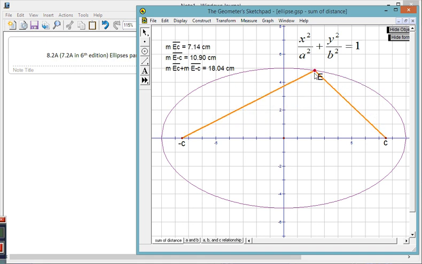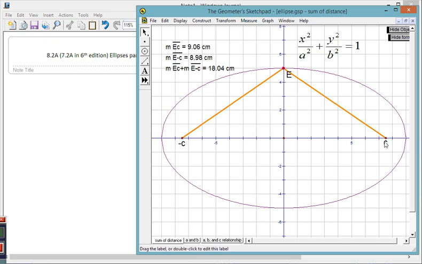If I put this right here, notice that each one of these then would be a. And so I have this right triangle. This is B, this is C, and this is A. This C is what we always call the distance from the center to the focus. A is what we always call the center to the vertex. B is the center to that other side, the shorter side.